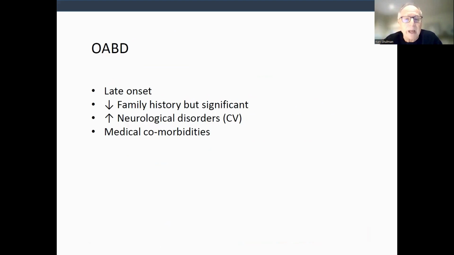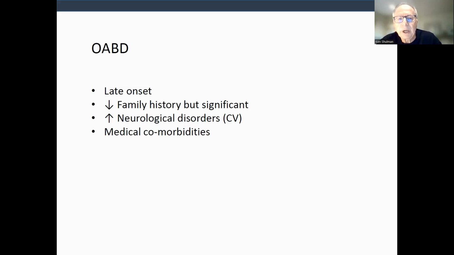So OABD, the acronym for older adults with bipolar, what's unique about them? Well, if you look at a group of patients with bipolar disorder who are older, and the question is what's older, usually the age that we cut off for what we consider late onset is 60 or older adult, not necessarily late onset.